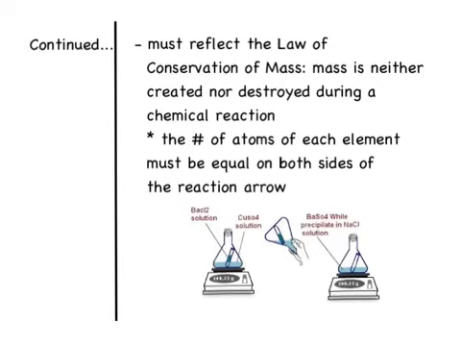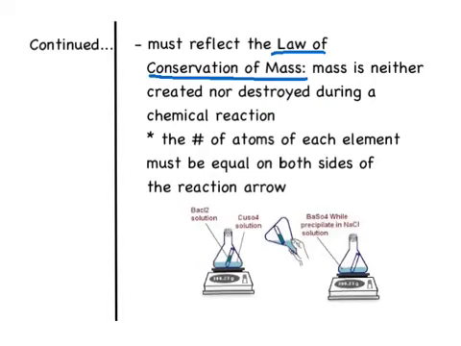All right, when chemists are representing chemical reactions via chemical equations, there's one thing that they must consider: chemical reactions have to reflect the law of conservation of mass, which says that mass can neither be created nor destroyed during a chemical reaction.